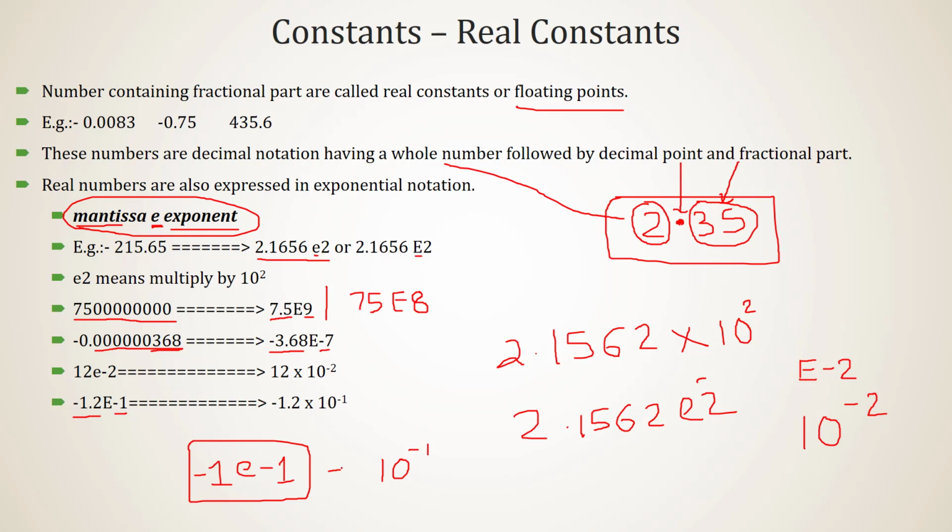So this is nothing but minus 1 into 10 raised to minus 1, which is minus 0.1. So I think everyone is familiar with this. A real constant is also called a floating point constant.